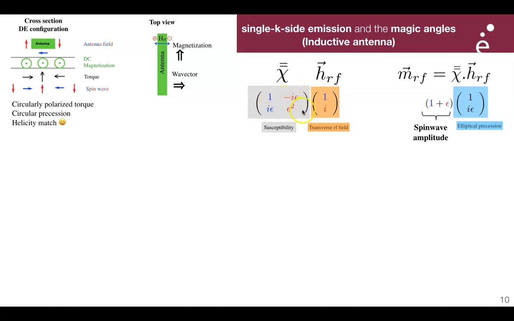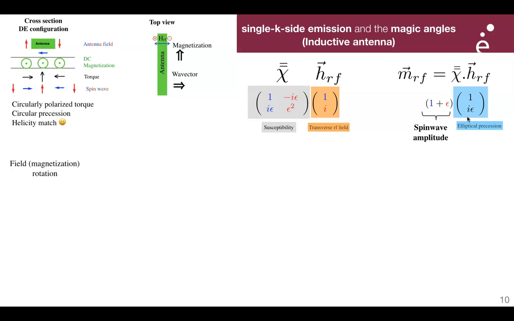If you look at the response, you find that the amplitude of the response is 1 plus epsilon, where epsilon is the helicity of the precession, times a vector that expresses the fact that in-plane and out-of-plane components of the magnetization are proportional to each other but dephased by pi over 2 because it's precession.